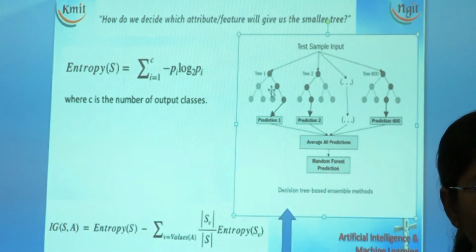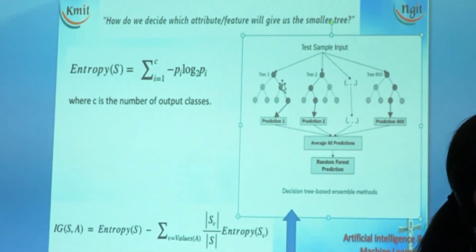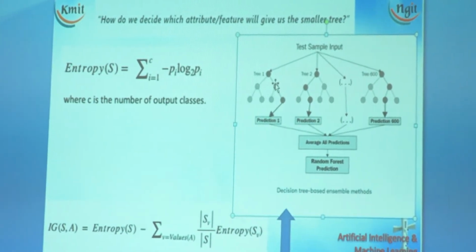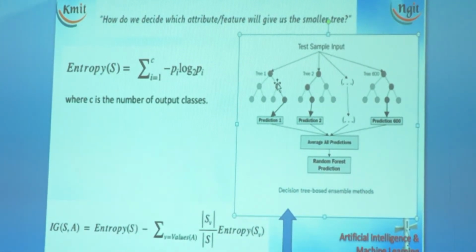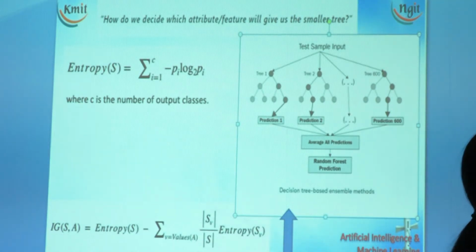What I have done with one tree is the decision tree method. We have different types of decision trees. One is called the ID3 algorithm. One is called classification and regression trees. We have one more tree called C4.5, a classification version. We give the sample to different trees and each predicts one output.